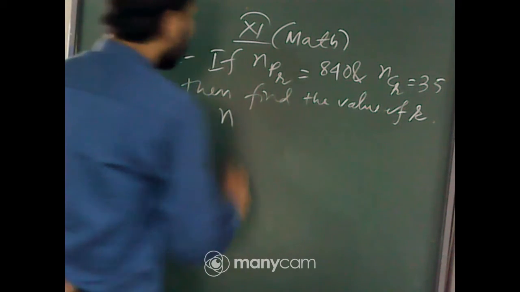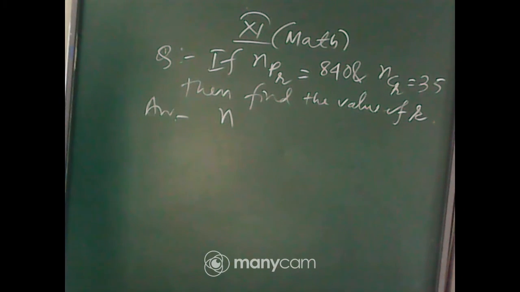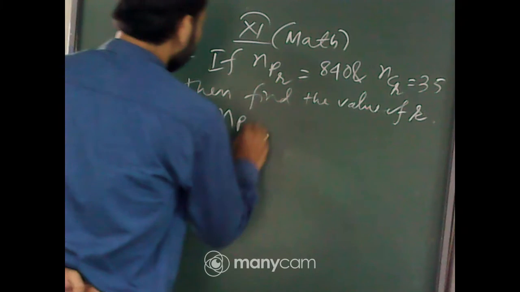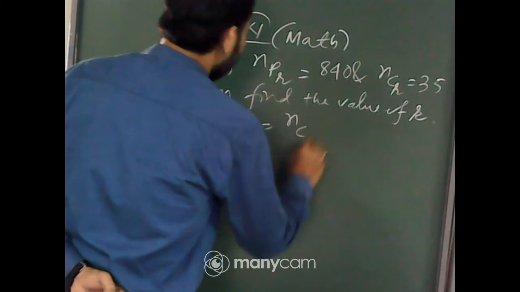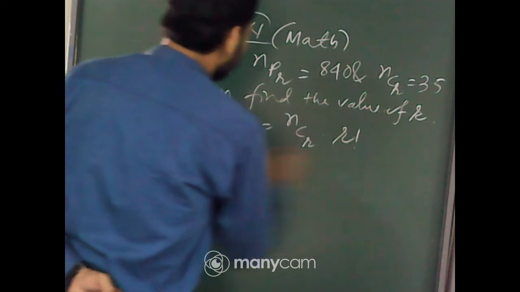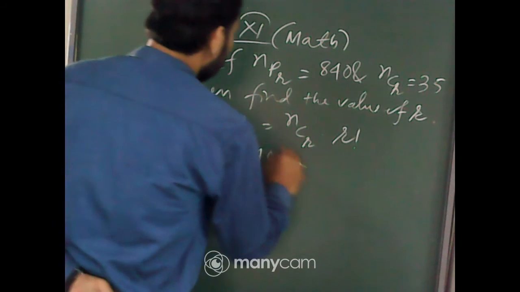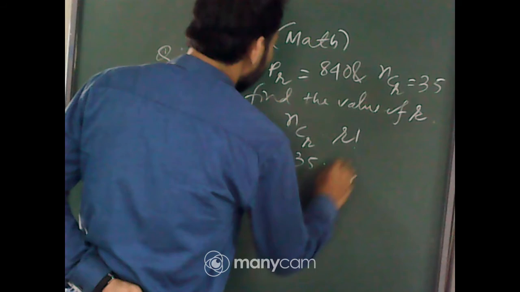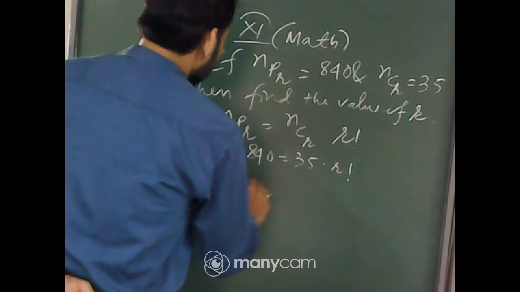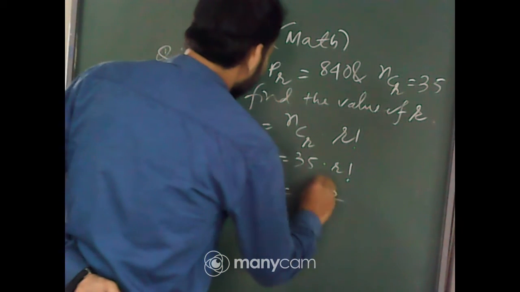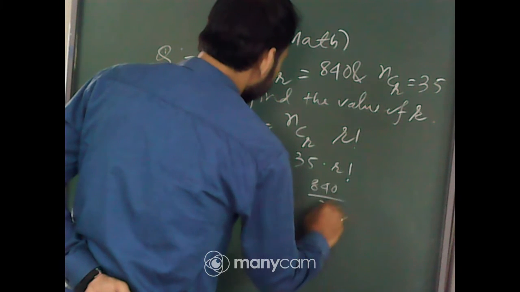What is the relation between NCR and NPR? Do you know? NPR equals NCR into R factorial. So 840 equals 35 into R factorial. So R factorial equals 840 by 35.